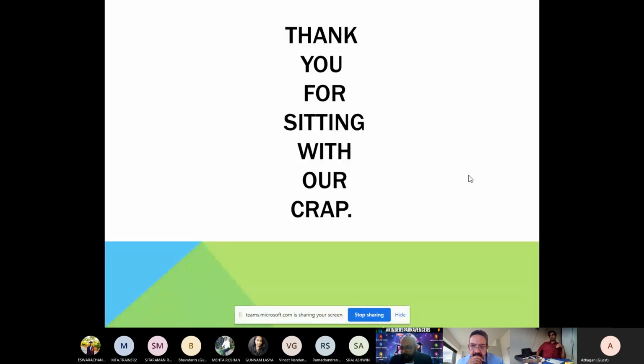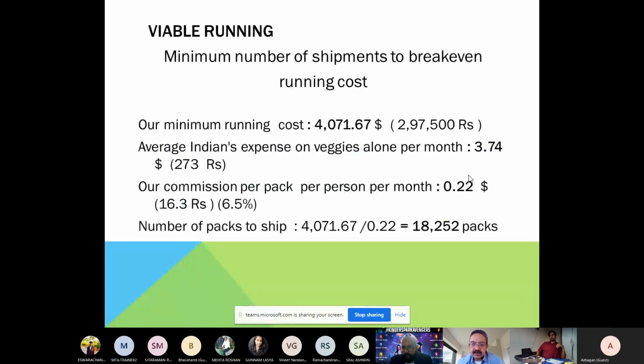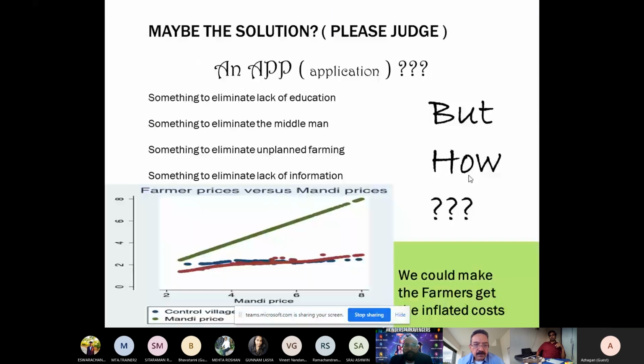I'll show you the chart. You can see the green line highlights the market mandi price, which is on a linear high, but what the farmer gets is quite low. If we eliminate the middleman, we can give the green line to the farmer.